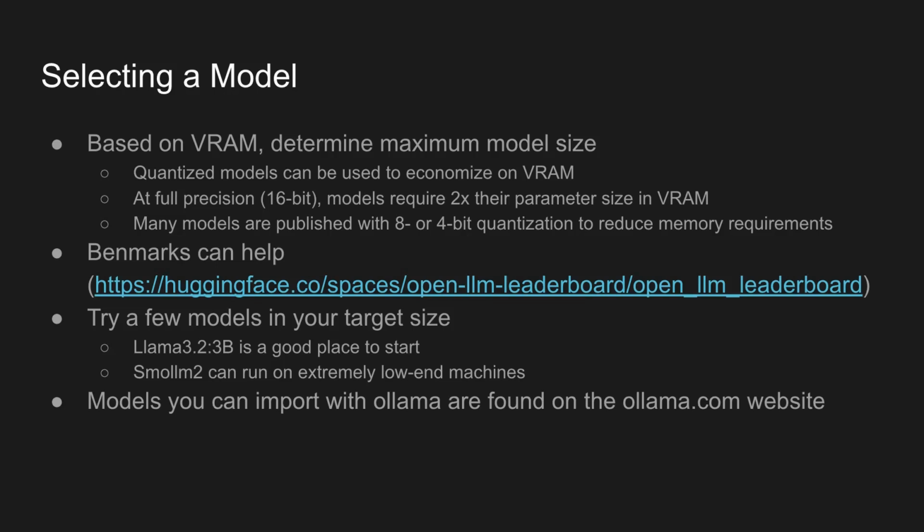This is a trade-off. I don't notice much of a difference when I'm interacting with a full precision model versus the 8 or even the 4-bit quantization. Typically, there is some loss of quality, but it's a measured loss.